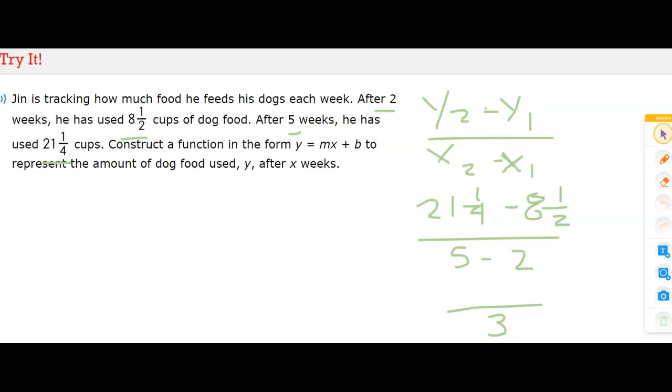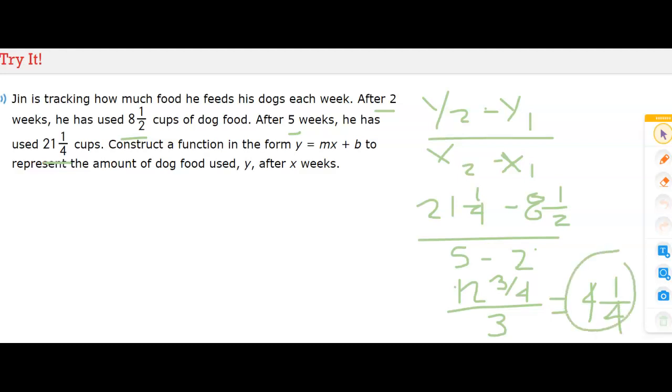That equals 12 and 3/4. And then 12 and 3/4 divided by 3 equals 4 and 1/4. So our slope is 4 and 1/4.